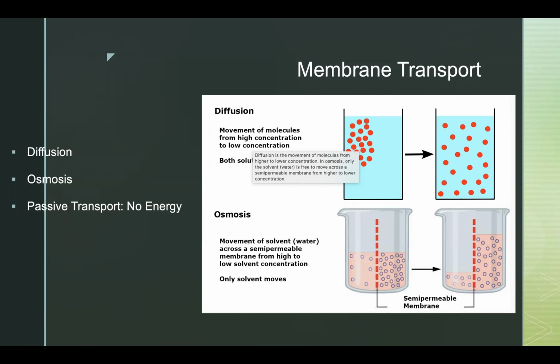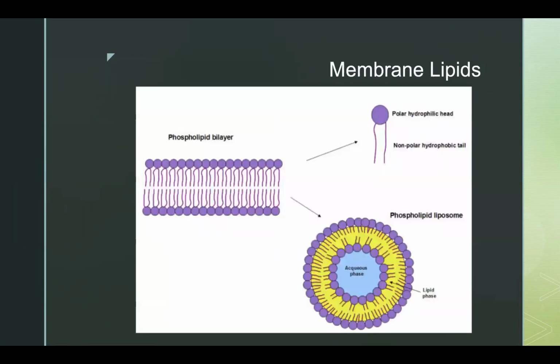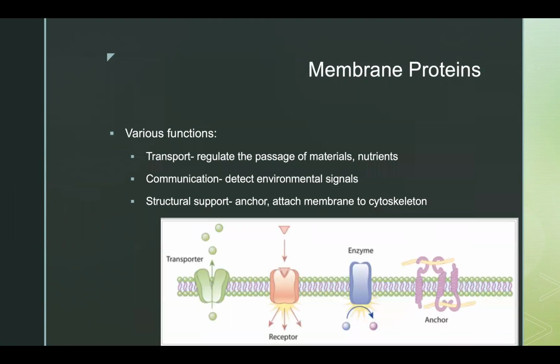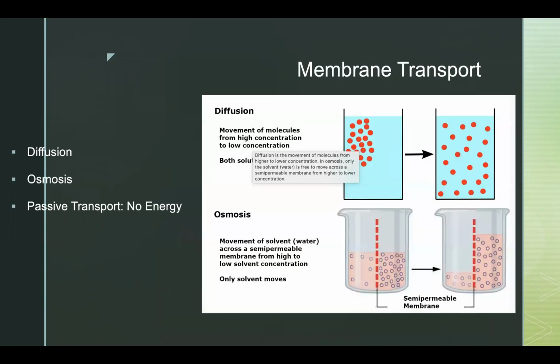So if we took a look then at our cell membrane and which substances can pass through, there are some substances that can move easily across that cell membrane. Substances like water or gases are going to be able to move by way of this passive transport, osmosis and diffusion.